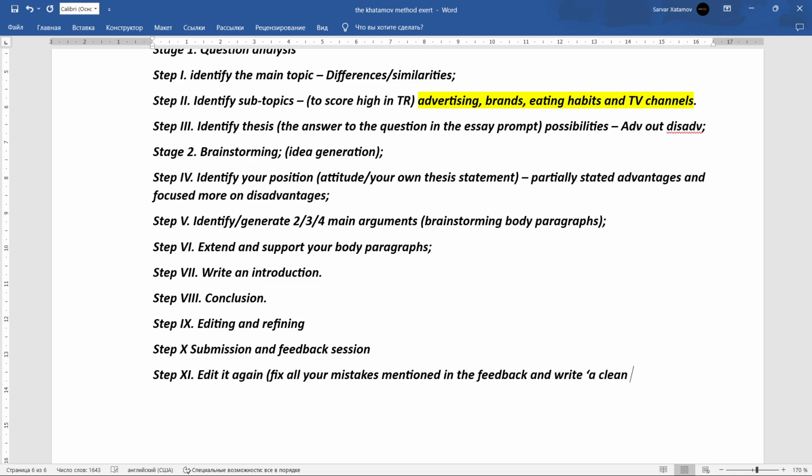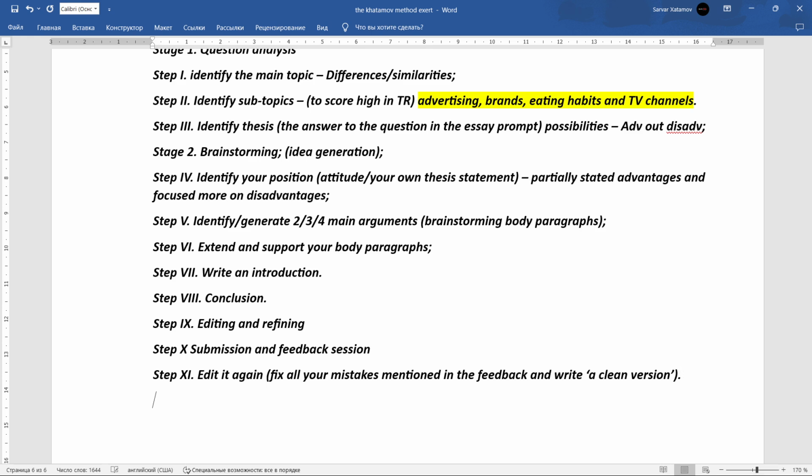Now, what is a clean version? A clean version is a version that does not contain mistakes, well, to the best of your skill, right? So the clean version is where you actually correct all your mistakes, and it is likely to get a higher score, right?